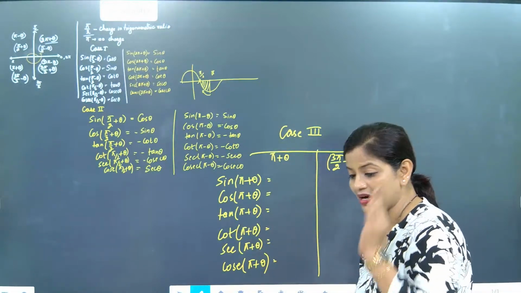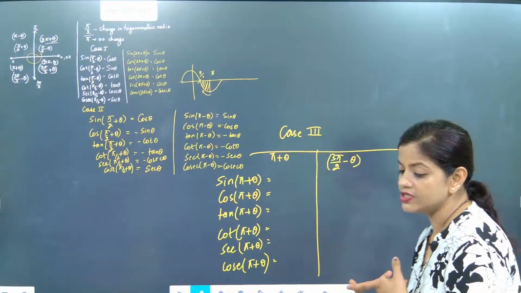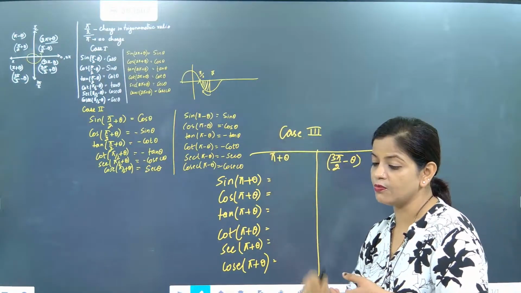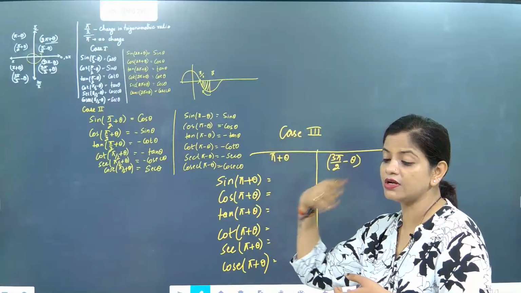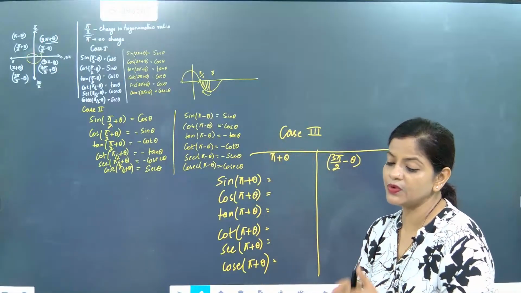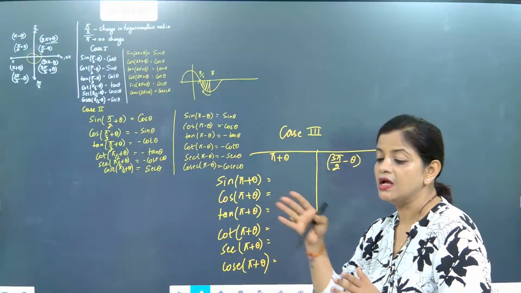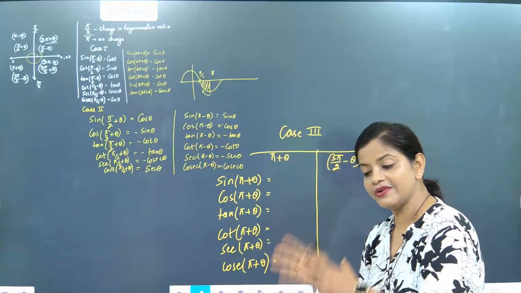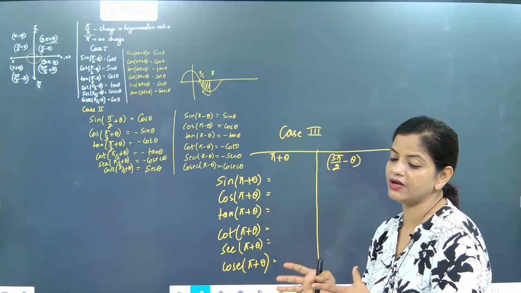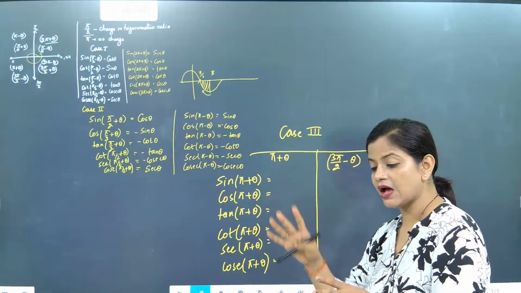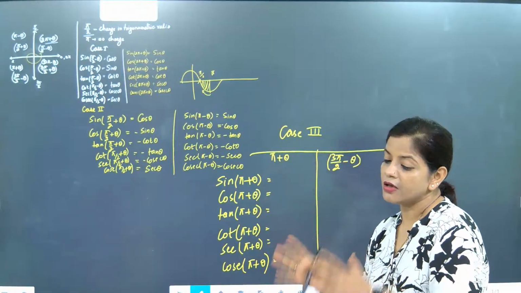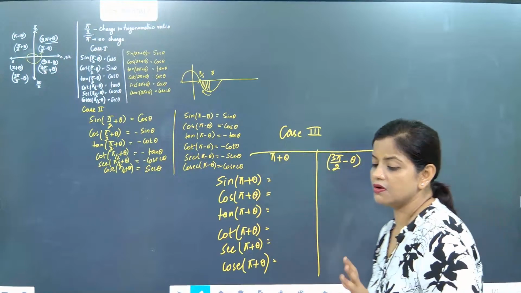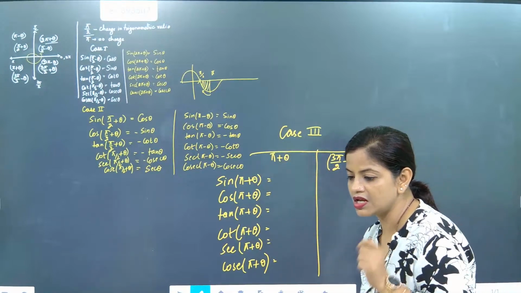At that time, only tan and cot will have the curve above the x-axis, between 180 and 270. So all the values of tan and cot will become positive, and the remaining four trigonometric ratios have their graph below the x-axis. Because of that, their values will be negative. So there is no magic here. This is totally science, beta.